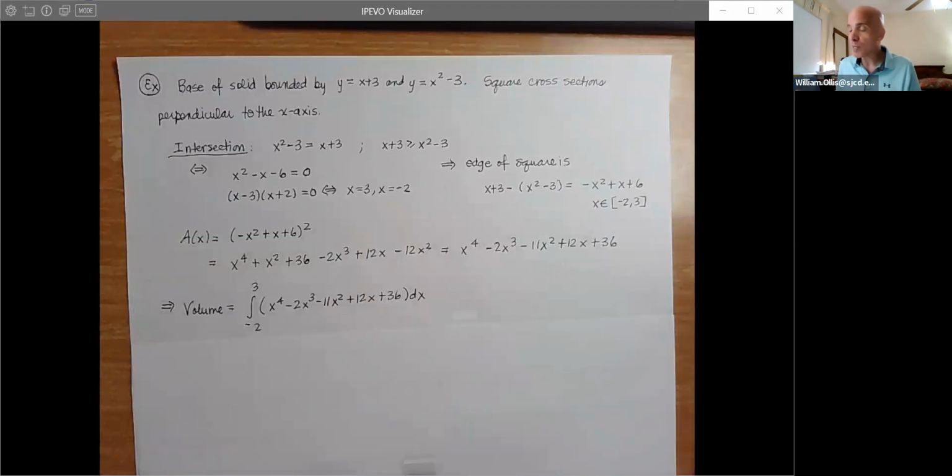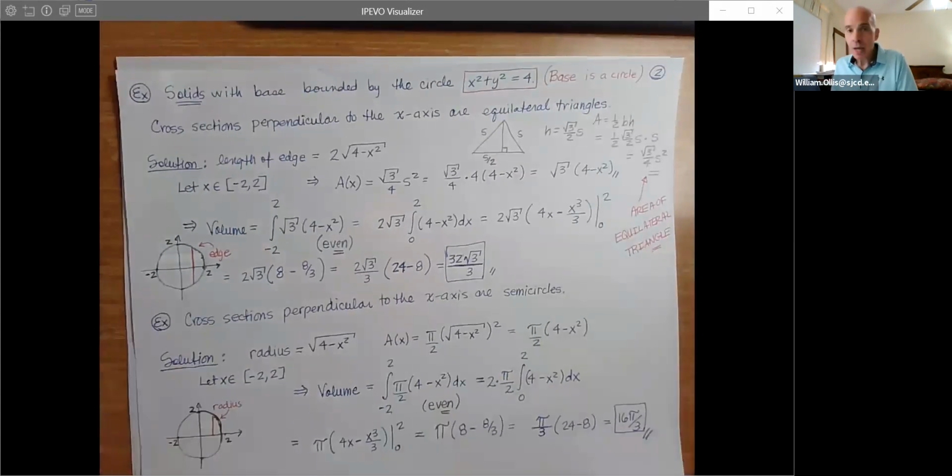Now, I worked this out, and I want to see what you get. I worked it out by hand, and of course, you're going to get a lot of messy arithmetic because the lower limit's not 0. So that was like, wow, what can we cheat here? No, we don't have any symmetry. But so this is basically what you have to do.